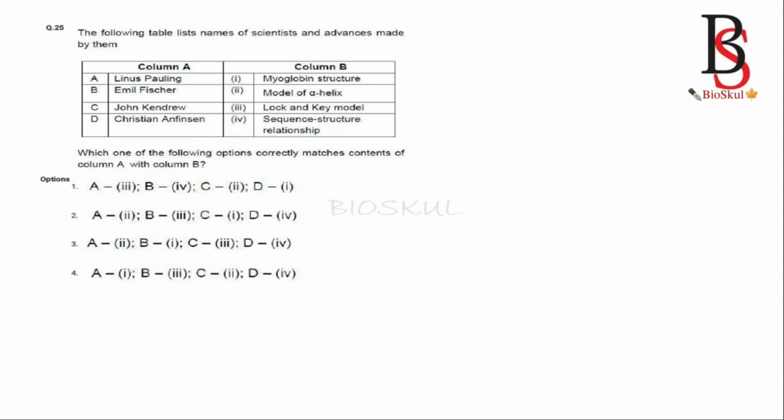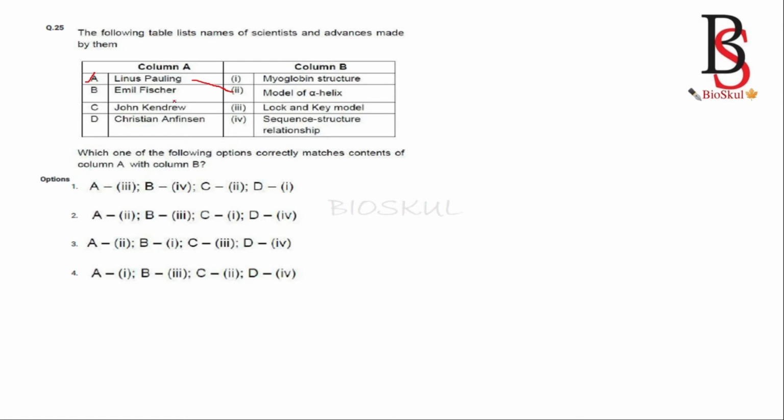Okay. Next move to question number 25. The following table lists names of the scientists and advances made by them. Okay. So here option A, Linus Pauling. Linus Pauling is the model of the alpha helix.